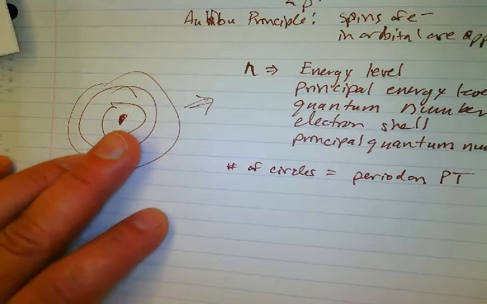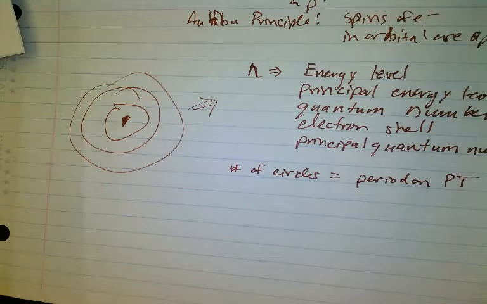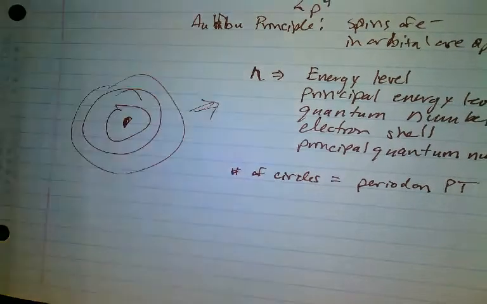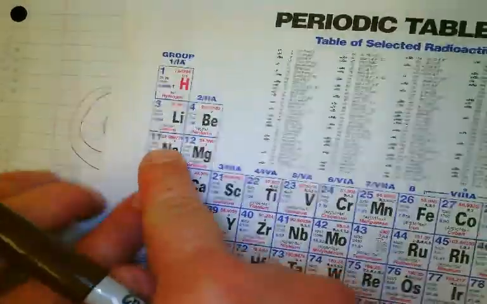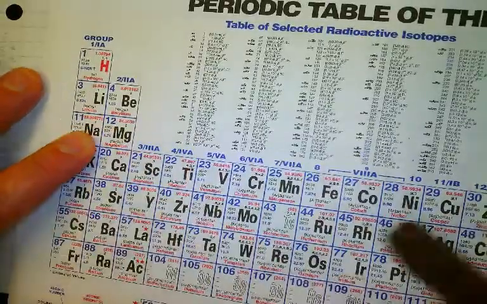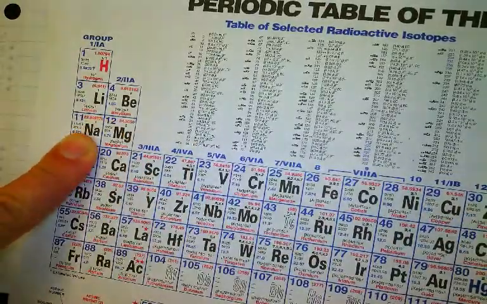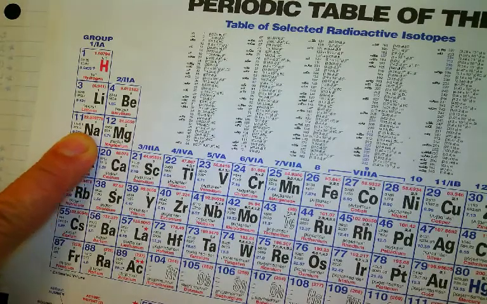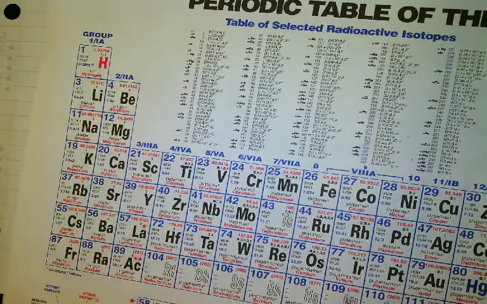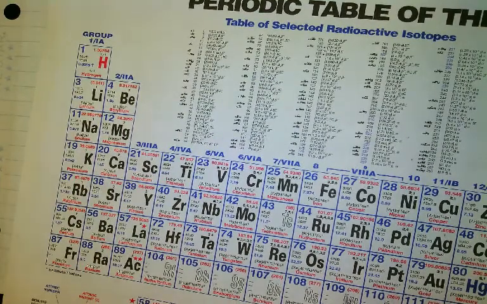So this one right here has 1, 2, 3. So automatically, I'm looking at these elements right here, and that's it. I just narrowed it down to all the elements in the third period. It's not going to be the ones before that. It's not going to be the ones after it. If n equals 3, those are the elements we're looking at.